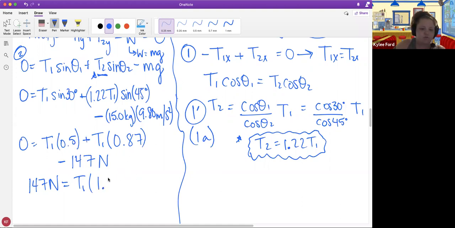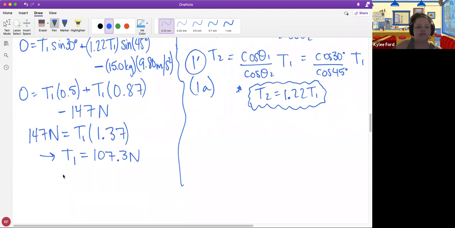That gives me 1.37. And then I do a little bit more algebra and solve for T1, and I get 107.3 newtons. So that is my tension in my first wire.